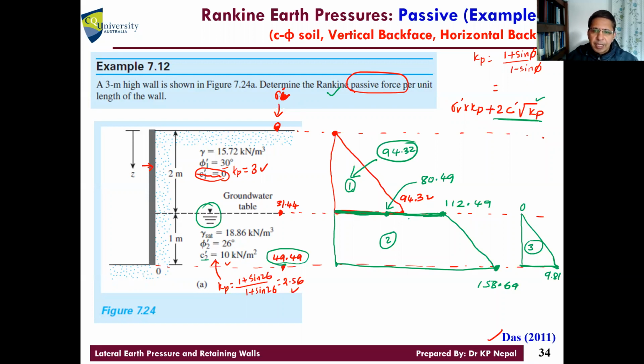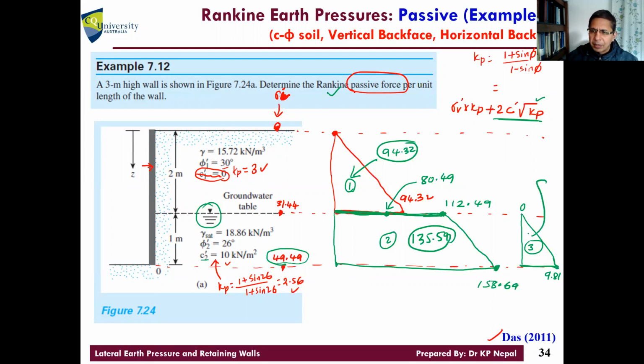So what is the area of this second one? It's just the trapezium, right? So easy to calculate. 112.49 plus 158.69 divided by 2, the average, multiplied by height 1, is 135.59.